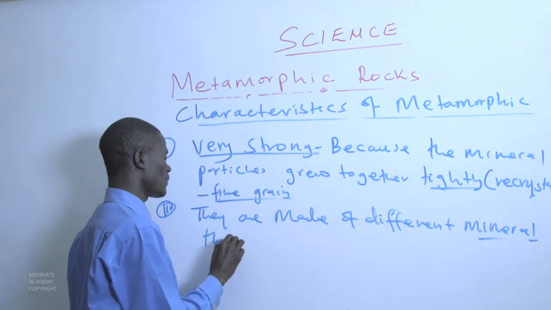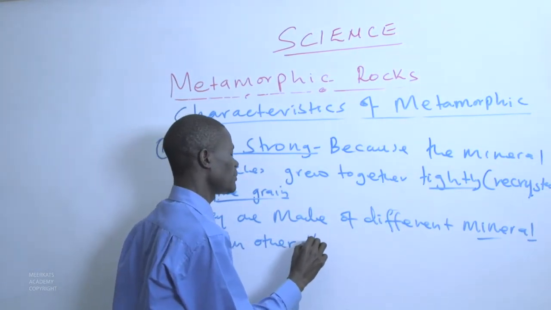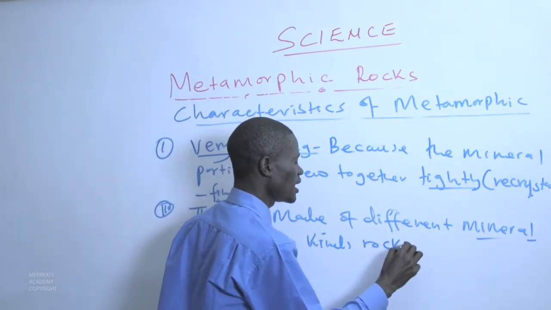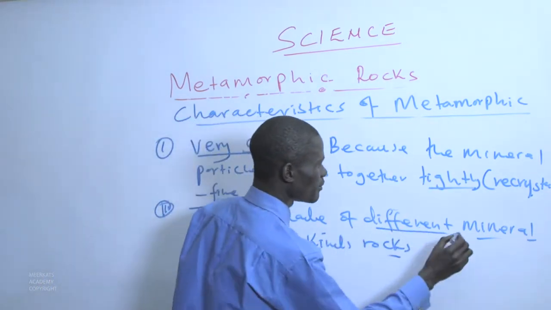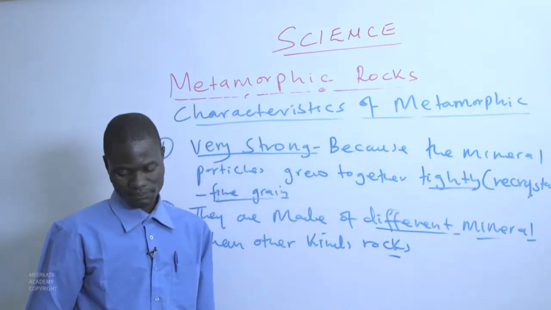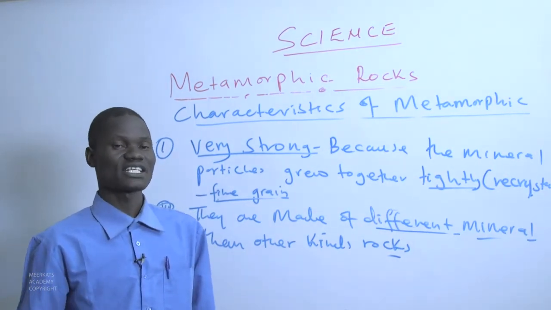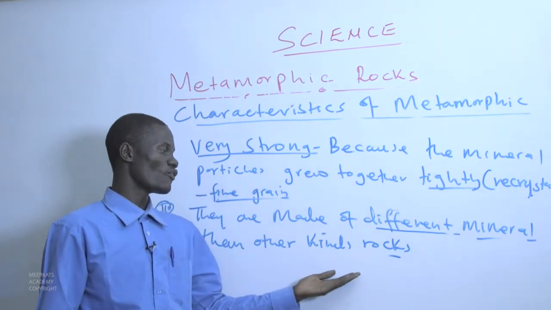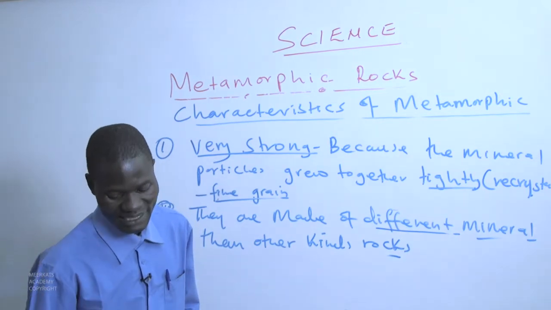When you compare metamorphic rocks and other kinds of rocks, these ones are composed of different minerals. One rock can have various minerals, and an example is copper. The ore of copper and iron is composed of various minerals in it.